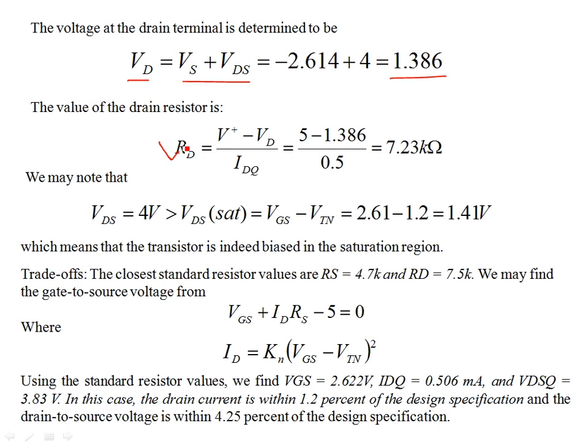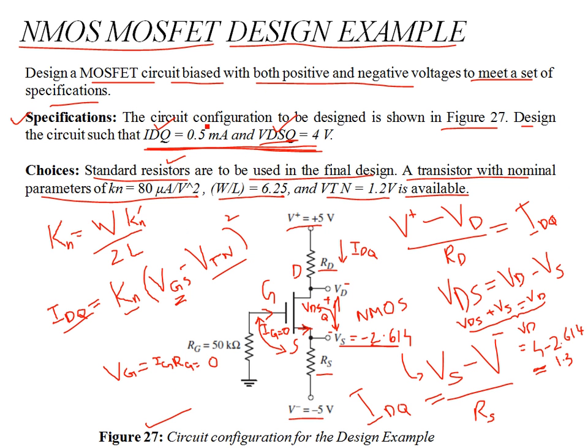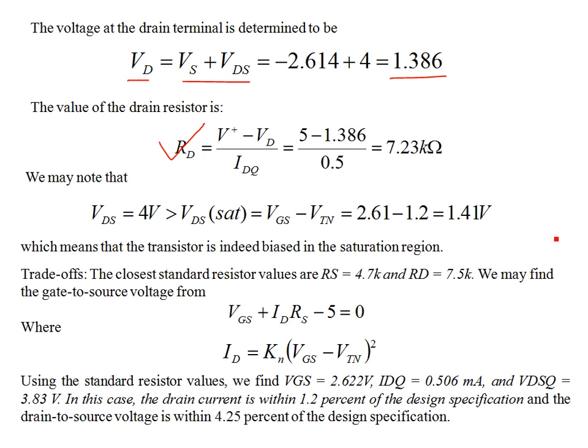You find the value of the resistor RD from the expression I've written before. You have IDQ, and from that you find RD to be 7.23 kilo ohms, which is again close to the standard value available, 7.5 kilo ohms.